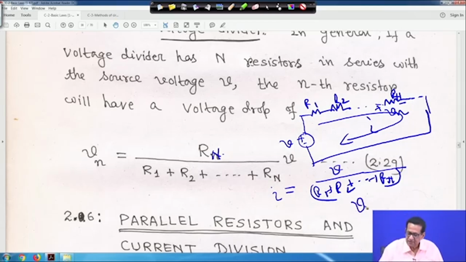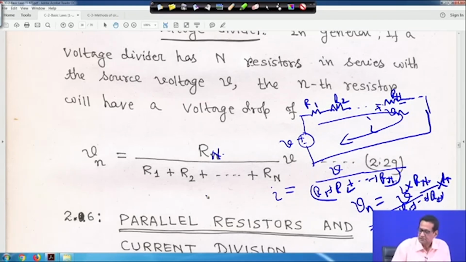So Vn is equal to I into Rn, and I is equal to V upon R1 plus R2 plus up to Rn, into capital Rn.